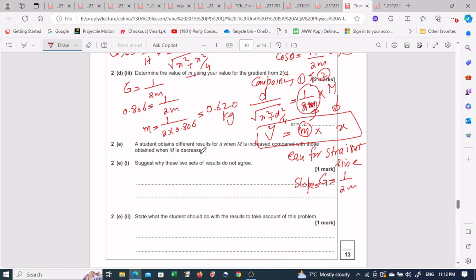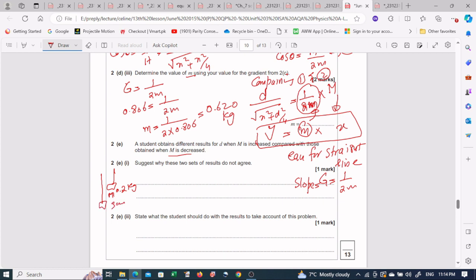A student obtained different results for d when M was increased compared to those obtained when M was decreased. So when we increase the capital M, this is loading. For example, if I increase the load by 0.2 kilogram here, its length will increase, it will bend to 3 centimeter.